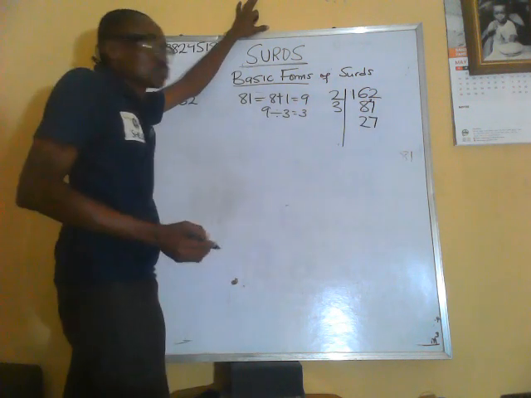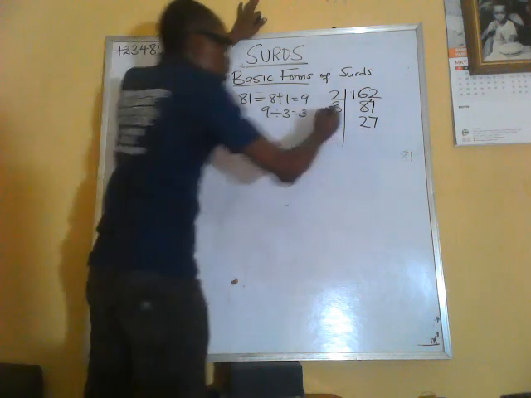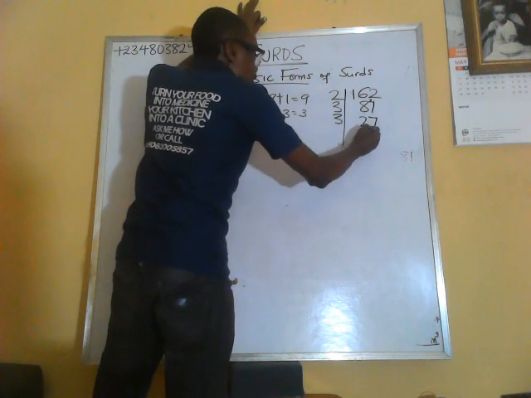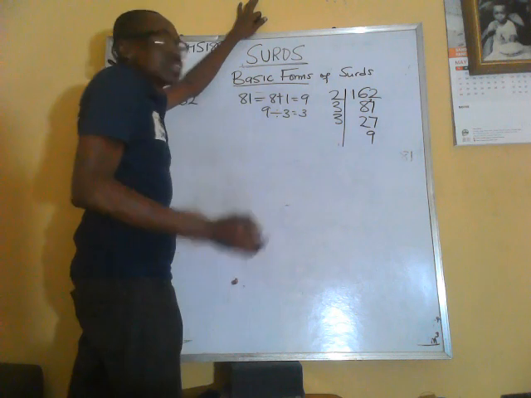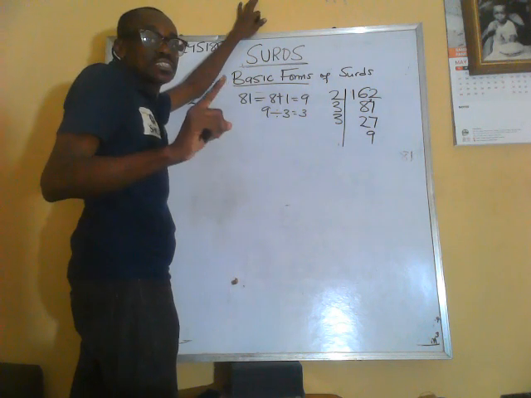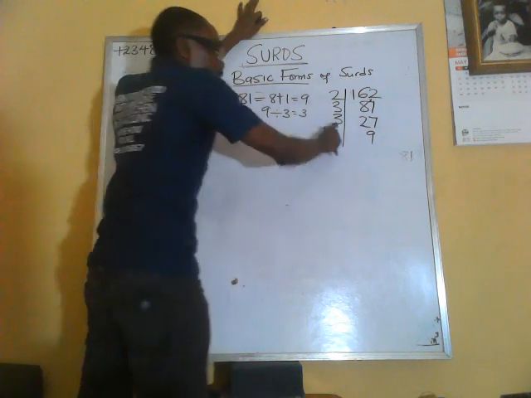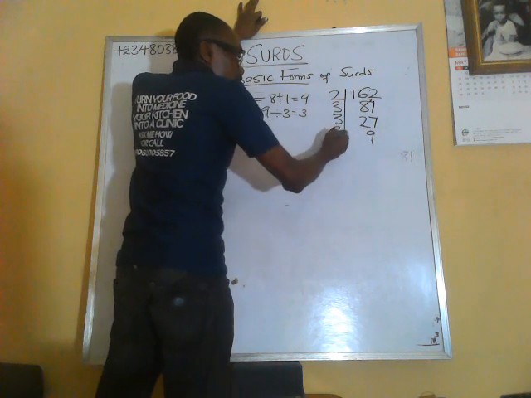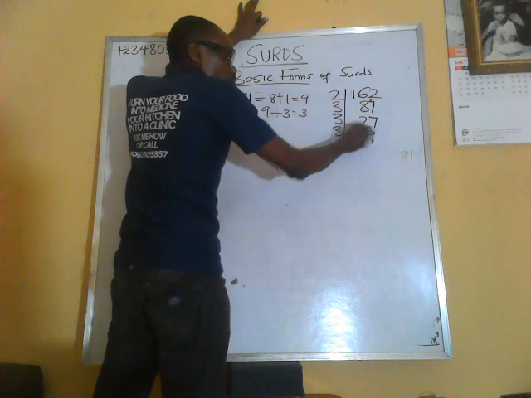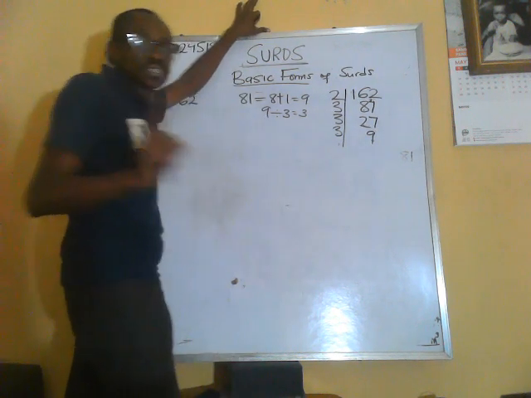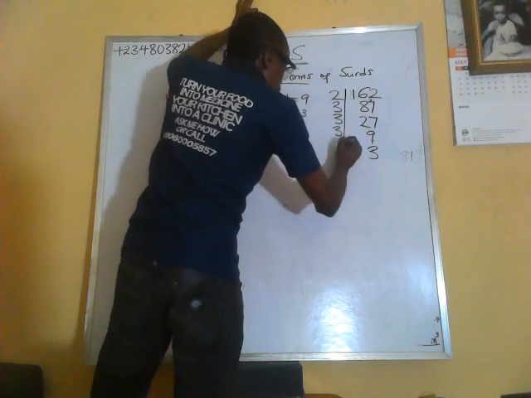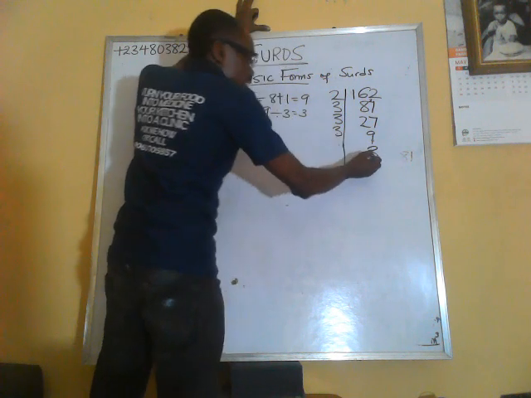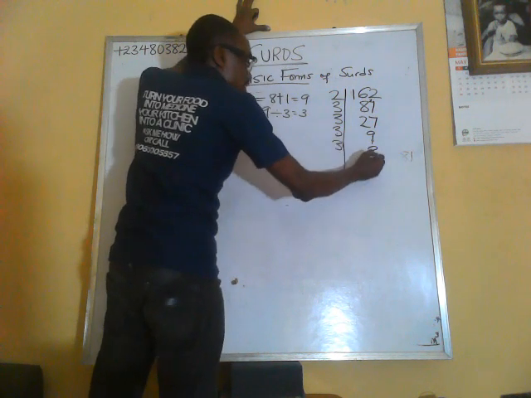Now 27. 3 can go in 27. 3 in 27 is 9. 3 times 9 is 27. Now 3 can go in 9, 3 times. Now, the only thing that can go in 3 is 3. So 3 in 3 is 1.